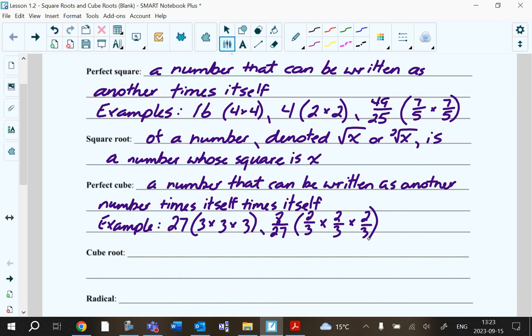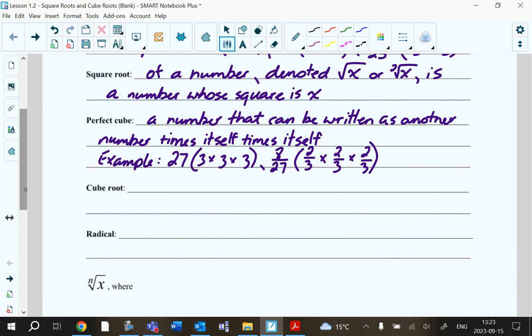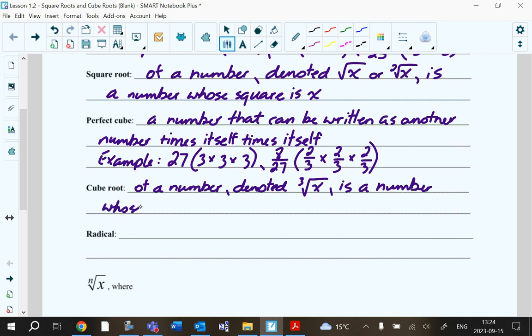Okay? So cube root, let's just write this, of a number, or third root, because it's got a little 3, is a number whose cube is x.